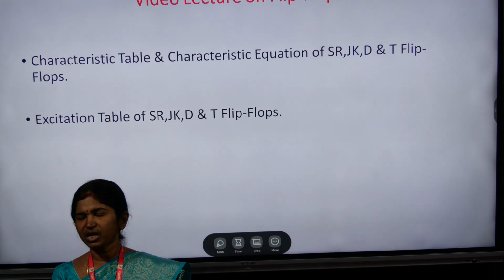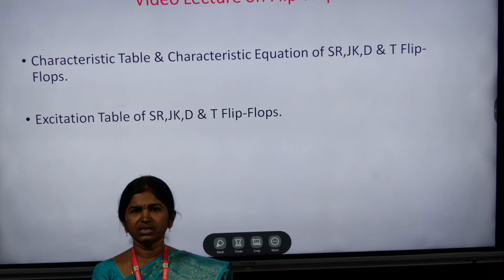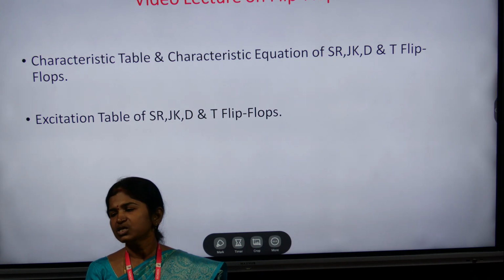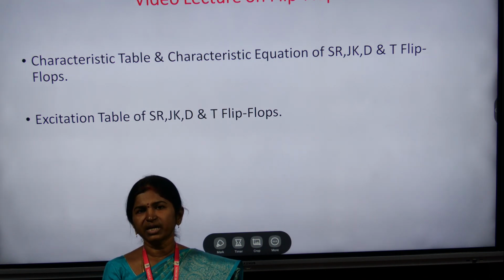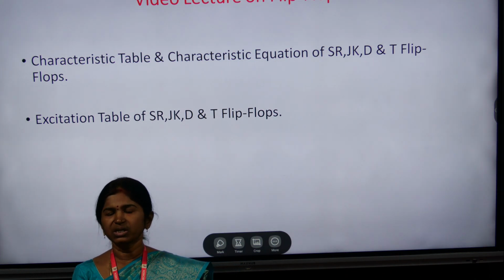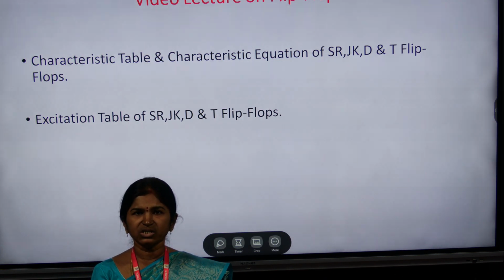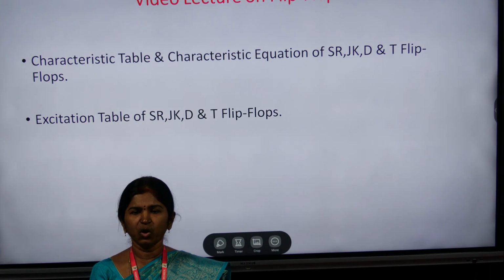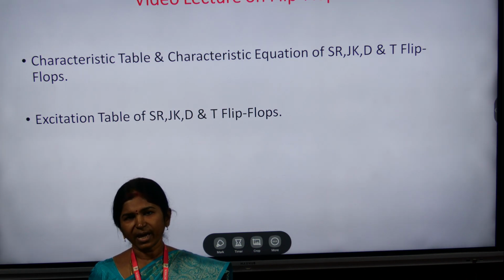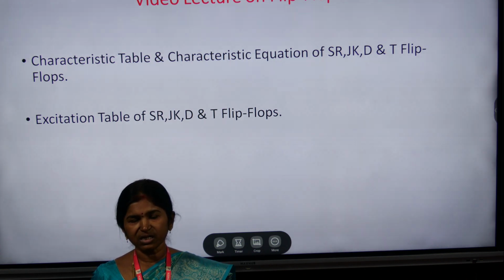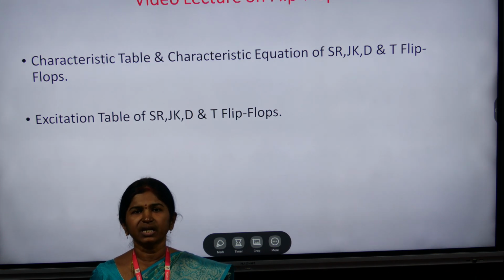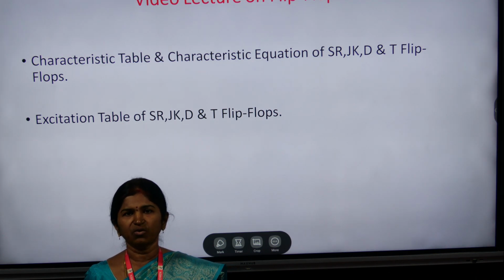How will you define this characteristic table? What is the information this table gives us? The characteristic table gives the information about the next state of the flip-flop based on the current state as well as the flip-flop inputs. It is basically derived from the truth table of the flip-flops.